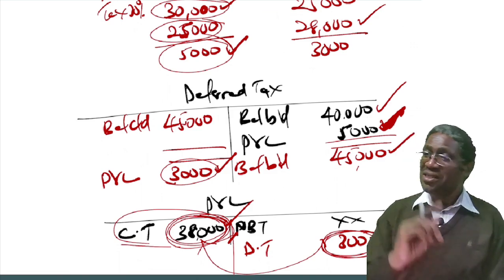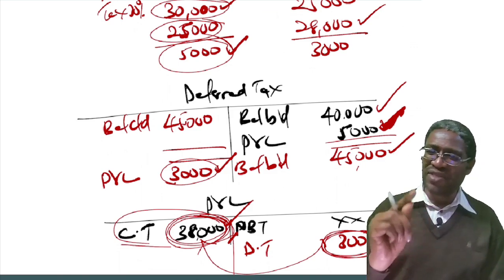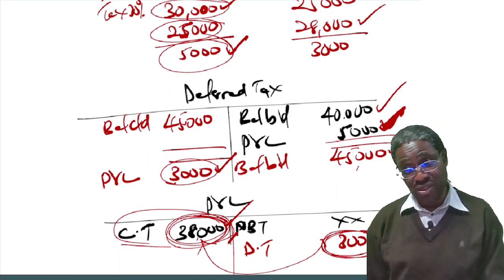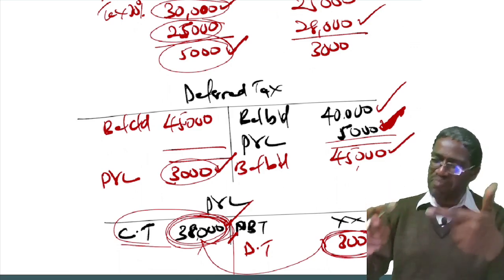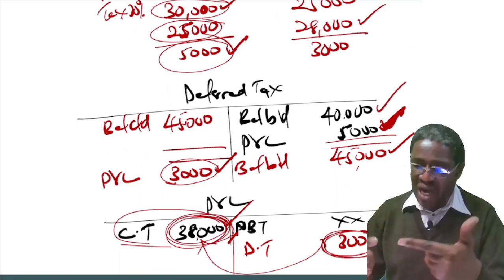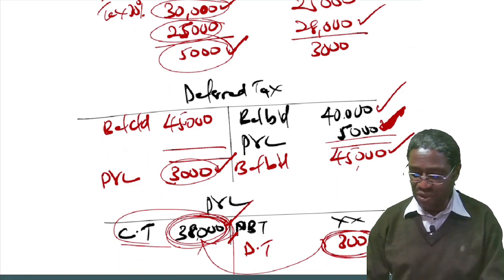Good. Still, instead of the examiner saying transfer 5,000 to the deferred tax, he might tell you this: deferred tax to be increased by 5,000. We began the year with 40.